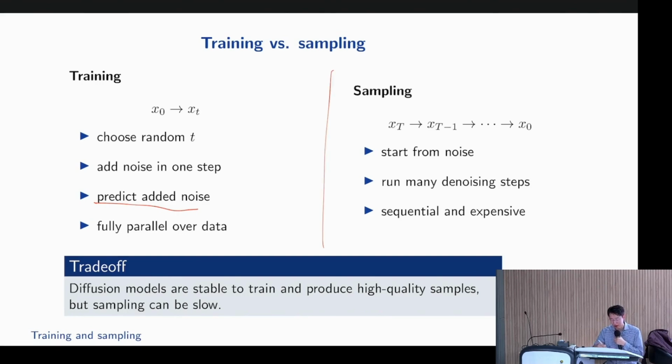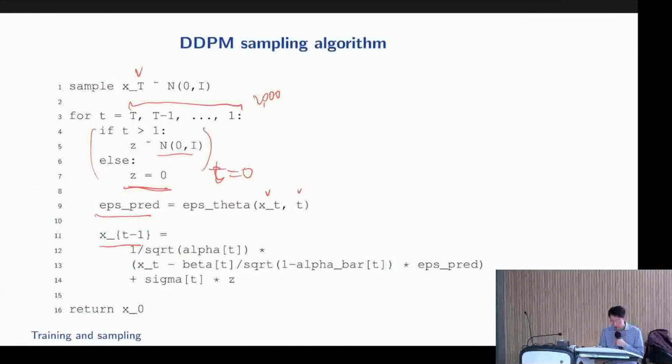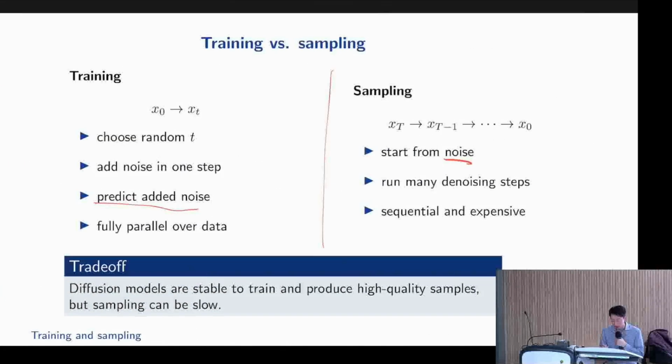For sampling, you actually need to invoke the model thousands of times to generate a single image. You start from pure noise. You use the formula here to repeatedly add noise, clean the image, repeat this process thousands of steps, and you're going to get cleaner and cleaner image per every iteration.